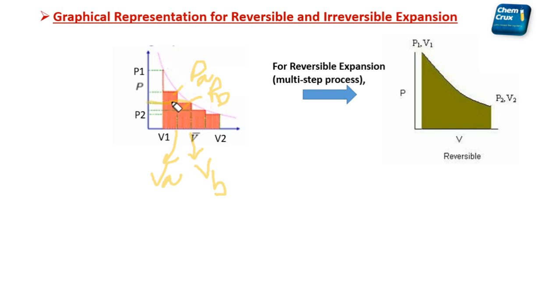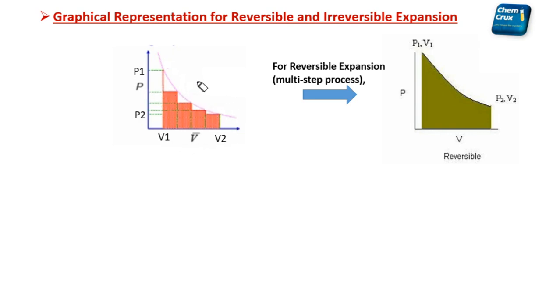This is the final pressure PB, and the volume change has occurred from VA to VB. So work done will be volume change against the final pressure of the second step, that is PB. So this shaded part will be the work done for the second step. And similarly the shaded portions you can see will be the work done for the entire process.